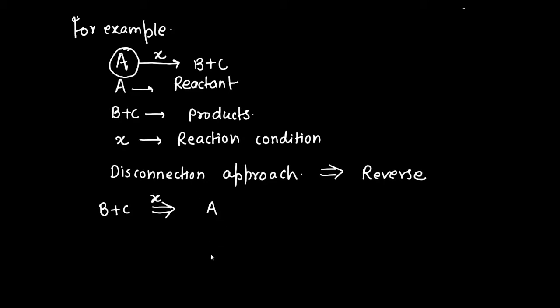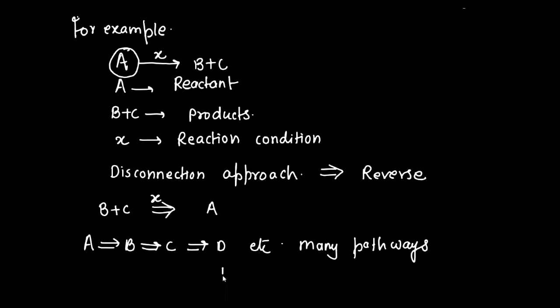In this case, you can get only a single starting material. But in many cases, you can have A to B to C, then D, etc. So there are many pathways to reach the starting material.